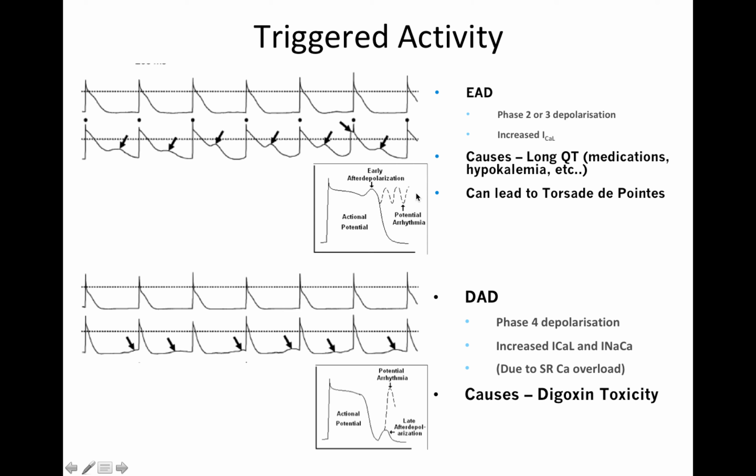Triggered activity is responsible for polymorphic ventricular tachycardia and can be either early afterdepolarizations, which can lead to torsade, we'll talk about torsade during this lecture, or delayed afterdepolarizations, which could be caused by digoxin toxicity. Digoxin is an antiarrhythmic or a rate-controlling agent that is used in atrial fibrillation and heart failure, and increased levels can lead to triggered activity-related arrhythmias.